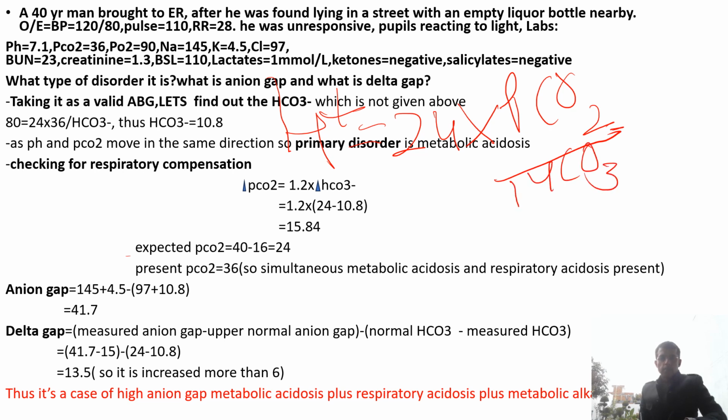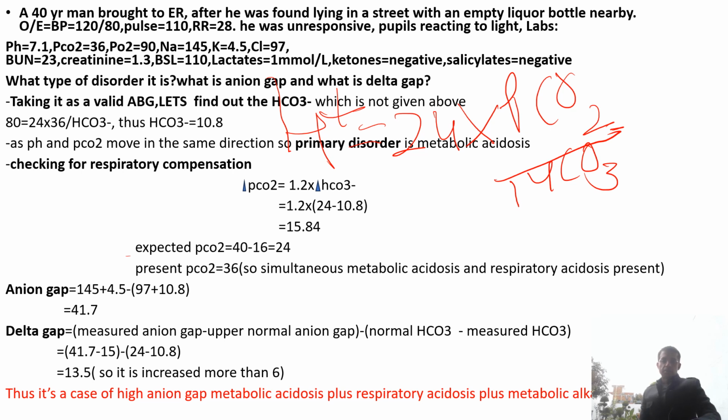So in this question, we are given the pH, 7.1. In one of the slides I showed you earlier, 7.1 is acidosis, and it correlates with the hydrogen ion concentration of 80. So 80 is equal to 24 into PCO2. PCO2 is 36. So 36 divided by bicarbonate. So bicarbonate you can calculate, it comes to 10.8. As pH and PCO2 move in same direction, so it is metabolic acidosis.